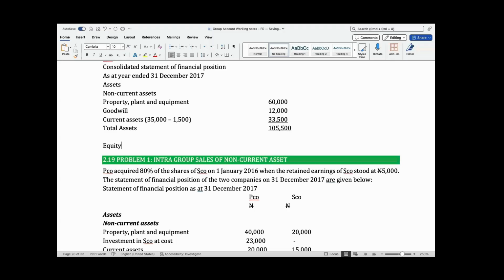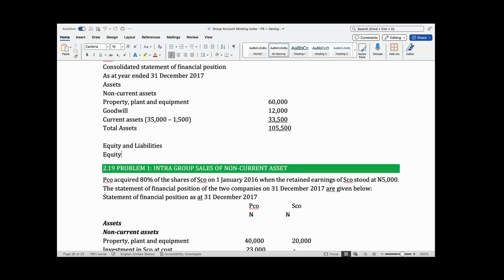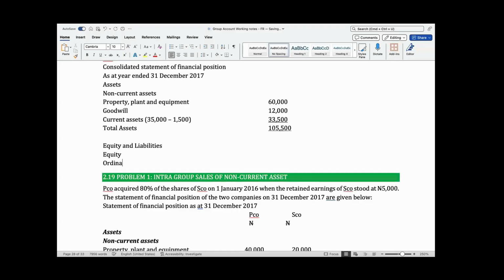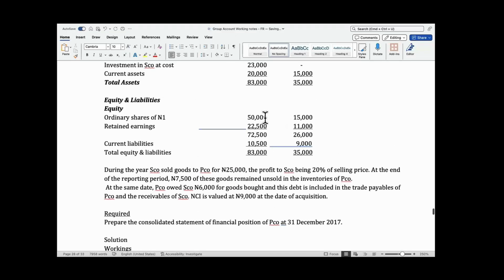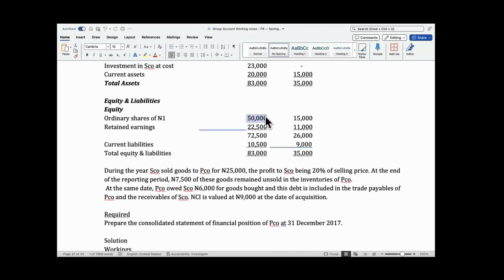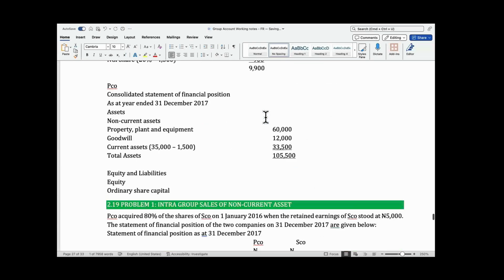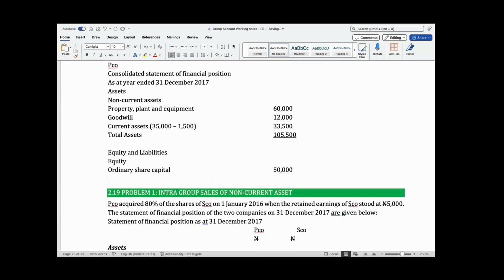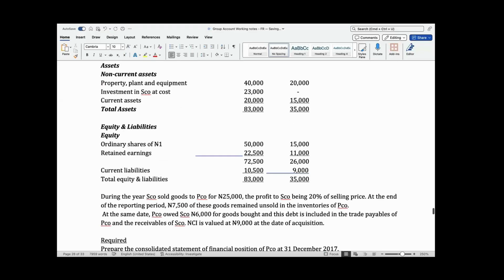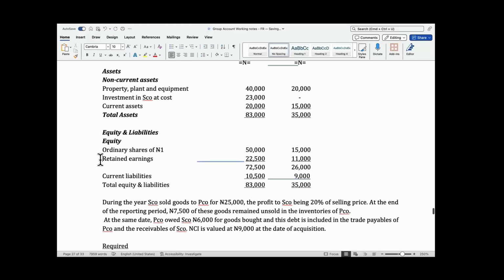Okay. Equity and liabilities. So what's my ordinary share capital? That's that of the parent, which is 50,000. What's the next item? Retained earnings. We already did the workings for that.